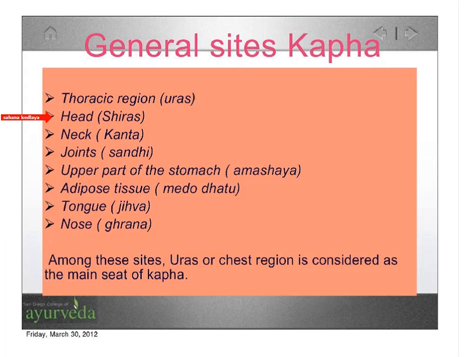The main seat of the kapha is considered as the urus, or the chest region, so it's also present in the neck area, where it can be considered as the esophageal secretions, which help in the digestion. And one more thing which shows why it's in the neck: when the kapha is excessive, we feel like kapha is getting blocked in the neck area. That is because the neck is one of the sites of kapha.